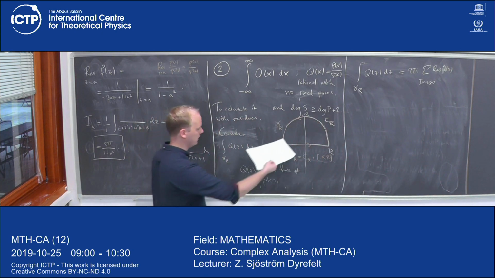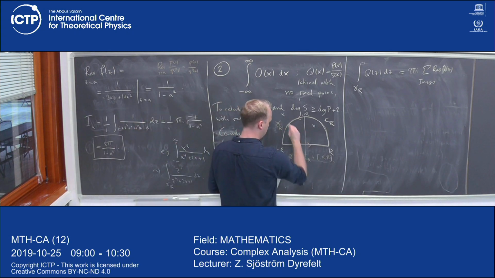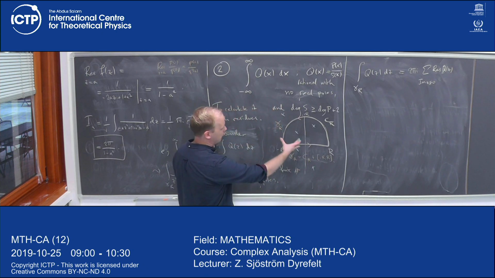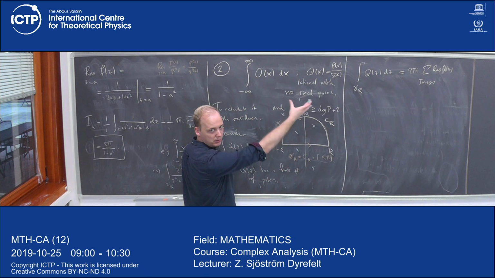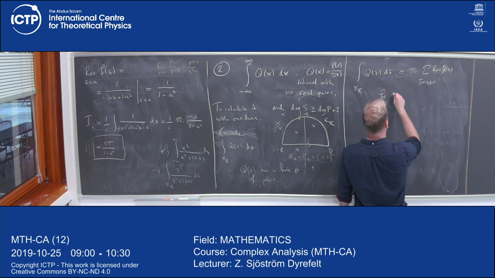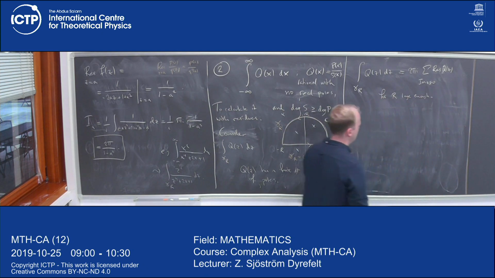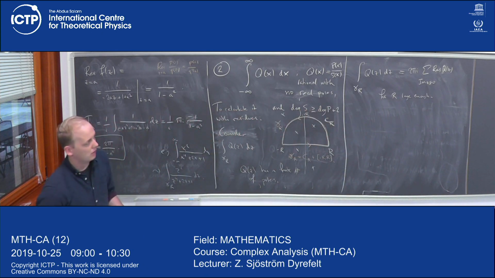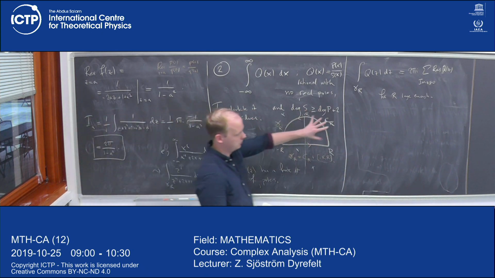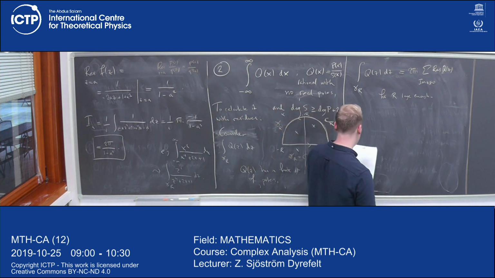So of course there is a finite number of poles in here. Here, here, here. There are maybe some poles here. But anyway, for R large enough, this will be equal to that. So I have to write for R large enough. Okay. So most of these residues will be 0, of course, except the finite number, which will be equal to this. So you look for the poles in the upper half plane.